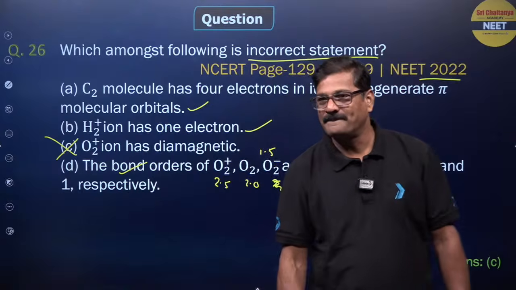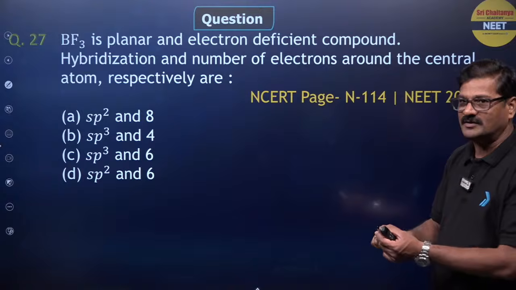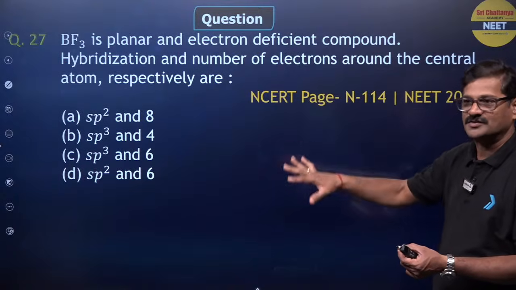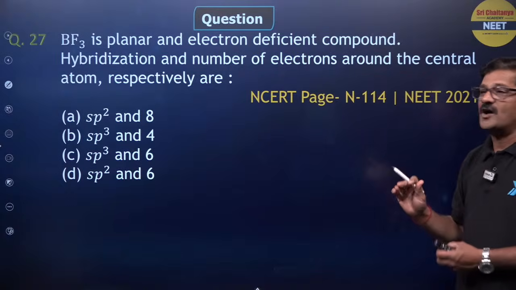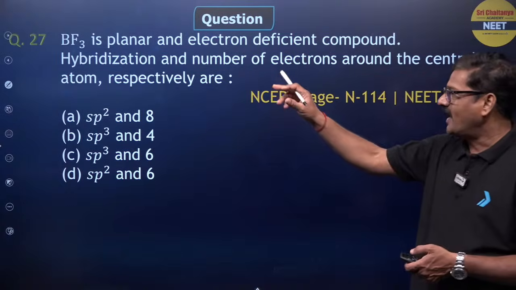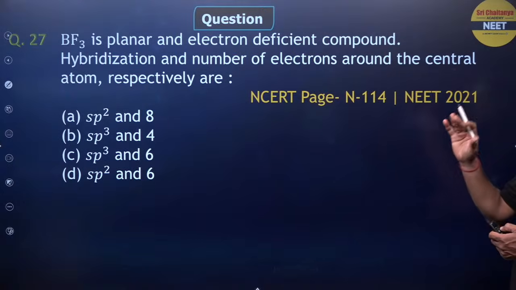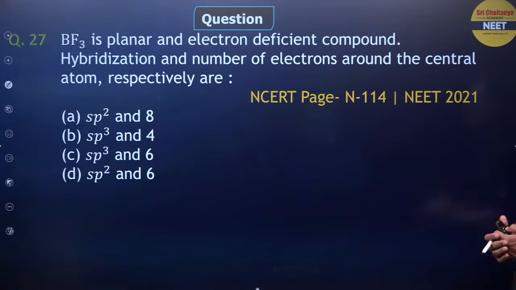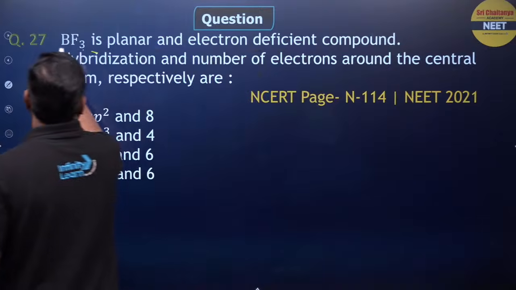Fine. And I wanted to give you many important tricks for the bond order calculation, as per the graphics. Here is one more question: BF3 is a planar and electron deficient compound, hybridization, number of electrons around the central atom. BF3 we know is sp2 hybridization. Is it an octet?